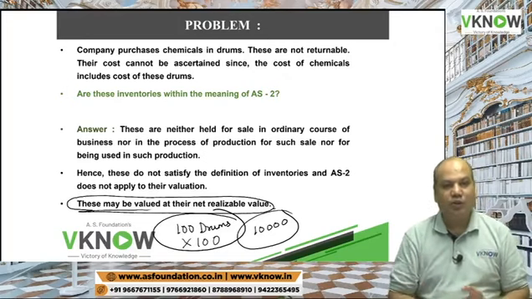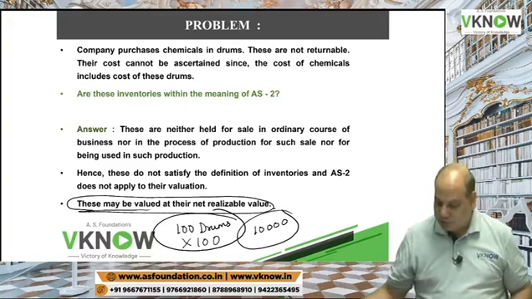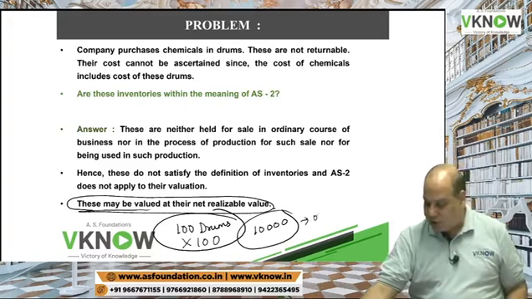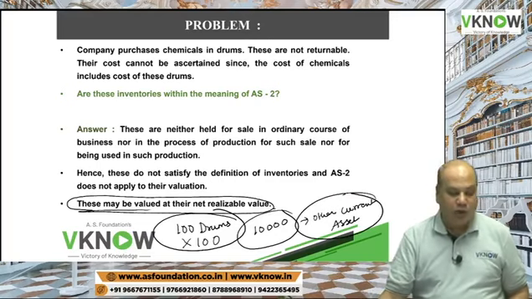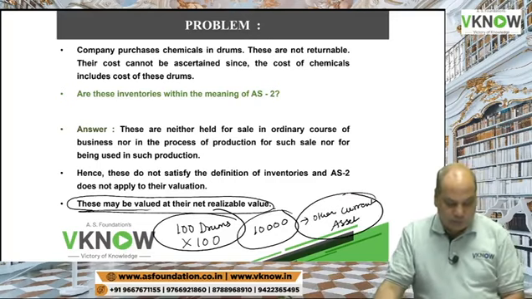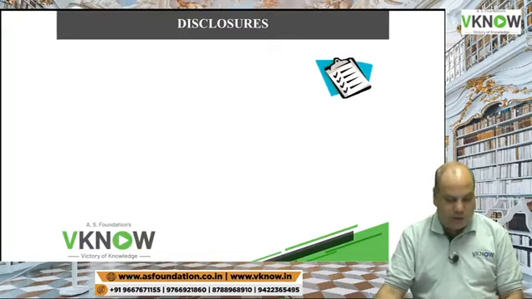Somewhere I have to put in the balance sheet. So I'll put it in the balance sheet as other current asset, because these are not inventory. They will be valued at their NRV. So that was a little interesting question. Now we'll come to disclosure requirement.